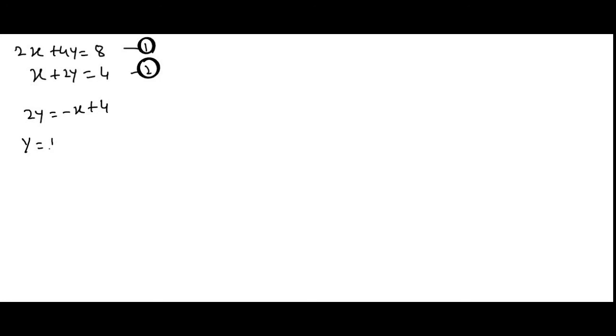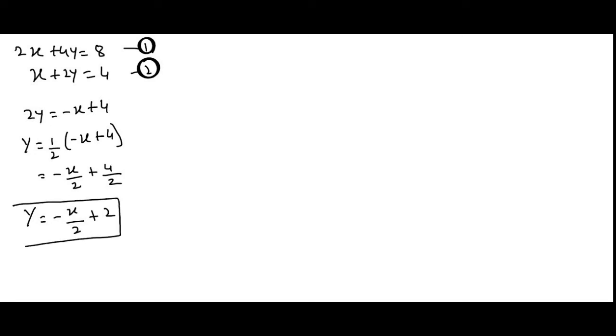So y is equal to 1 over 2 times minus x plus 4, minus x over 2 plus 4 over 2. So y is equal to minus x over 2 plus 2, and this represents the slope intercept form of the equation, and we are going to take it as equation number 3.